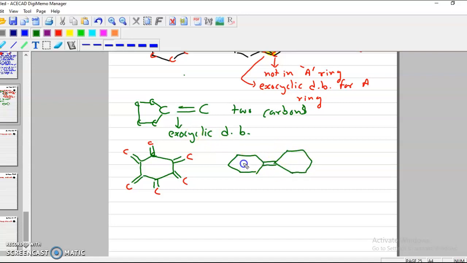For example, this one. There are two rings A and B. Now, if you see A ring, then this red carbon is a part of this ring, but the blue carbon is not in the A ring. Therefore, this double bond is exocyclic for A ring. So this becomes an exocyclic double bond for A ring.